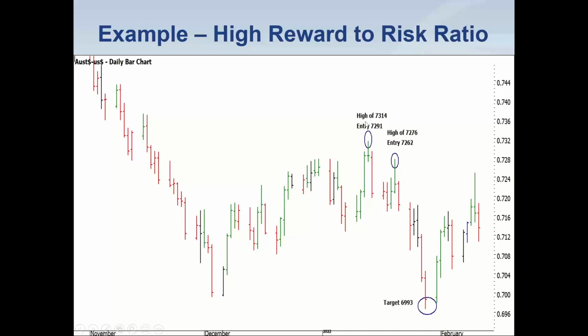Keep in mind, we have two different stop losses. This trade, the stop was at 73.15. So we multiply our 200 Australian dollars by 73.15. Here, the stop loss was 72.77. So this $200 risk will be multiplied by 0.7277. So they will be slightly different, and that's going to affect the position sizing.